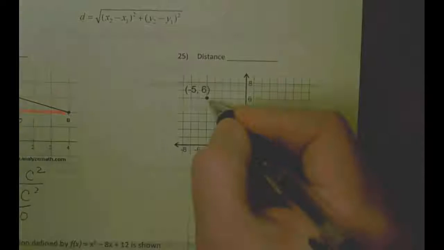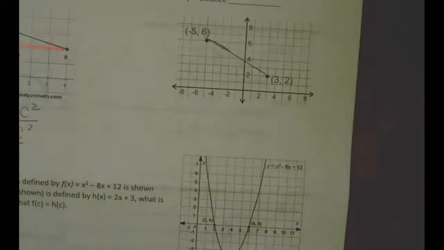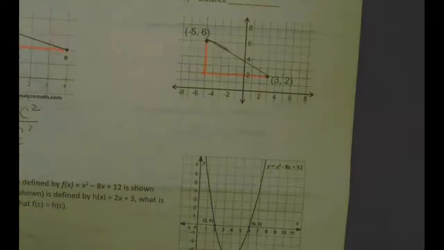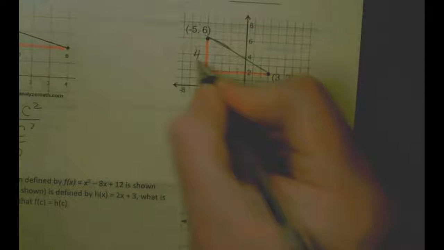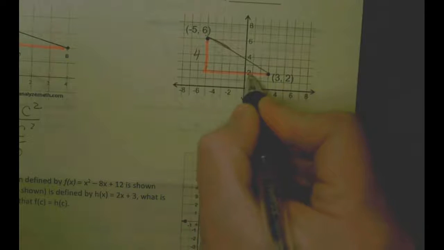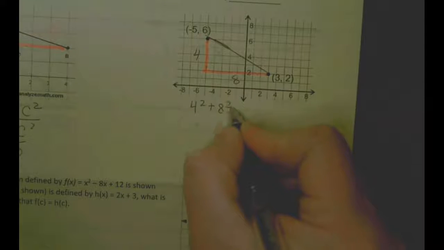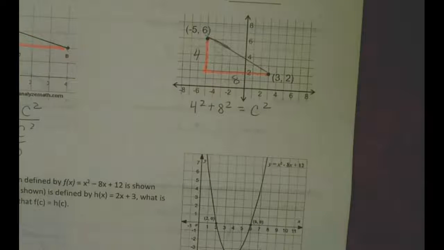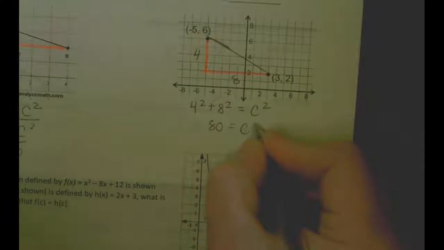And problem number 25, this is the distance it's talking about. You can make it into a right triangle. 1, 2, 3, 4. So 4 squared plus 8 squared equals c squared. 80 equals c squared.